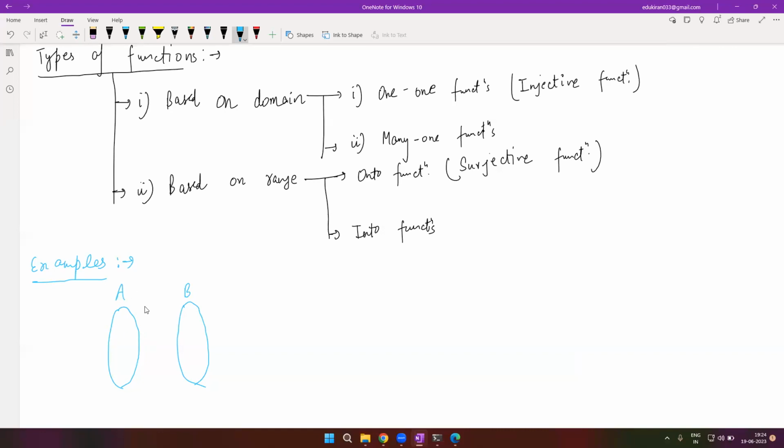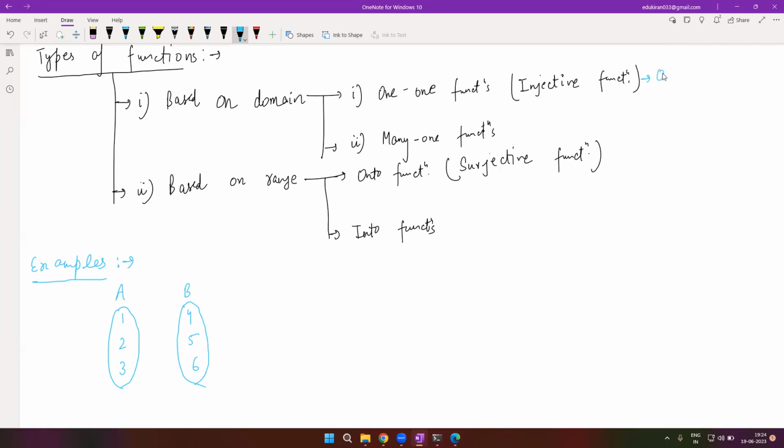Okay, so let's have these two sets. We consider these two sets A and B. In A we have 1, 2, 3, and in B we have 4, 5, 6. Oh, sorry, for now let's say it's only 4, 5, 6. Now, what does one-one say? A one-one function means you can interpret it like this: one input, one output.